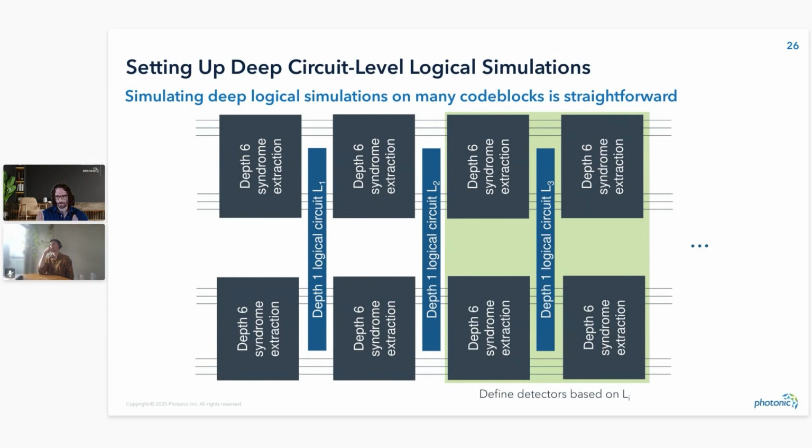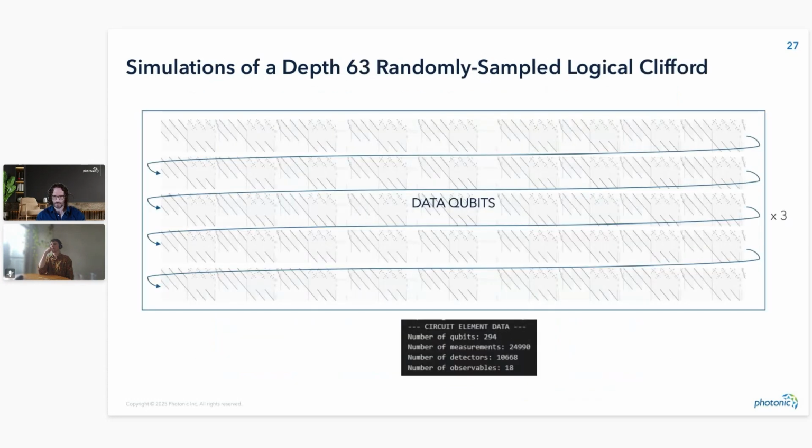And then you zoom in on two adjacent rounds of syndrome extraction straddling a logical operator and define your detectors based on the action of the logical operator you've performed in that moment. And you can then take a gigantic circuit, do all of this aggregation, and feed it to, say, STIM, and out will pop a detector error model.